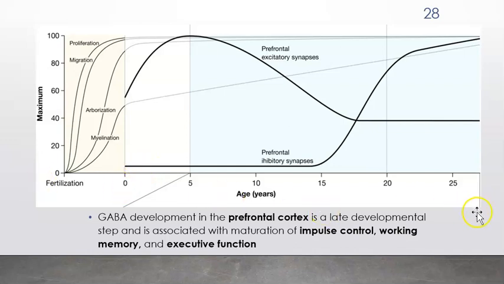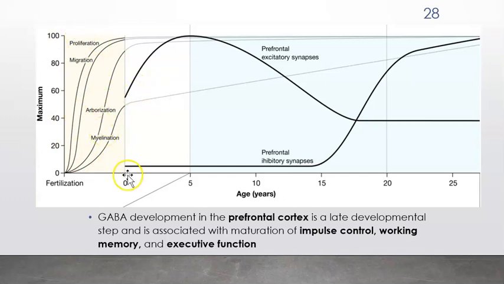On the x-axis is age, y-axis is percent, so 100% excitatory, 0% excitatory, that would be what we see. Here we see from fertilization to birth of different things. So there's proliferation, migration, different things that's going on within the neurons.